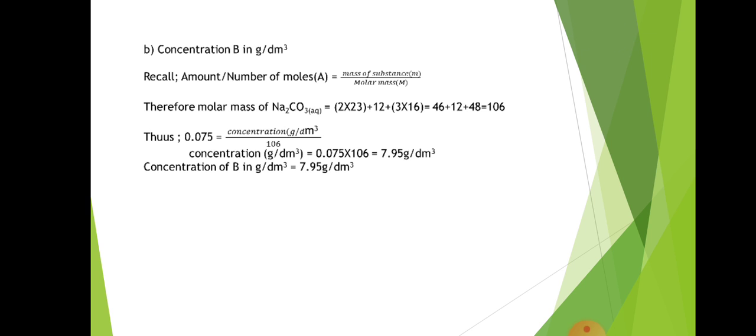Then, making concentration in gram per dm cube the subject of the formula, we can deduce that concentration in gram per dm cube equals the number of moles times molar mass. The molar mass of sodium trioxocarbonate(IV) is 106. So 0.075 times 106. Therefore, concentration of B in gram per dm cube is 7.95 gram per dm cube.